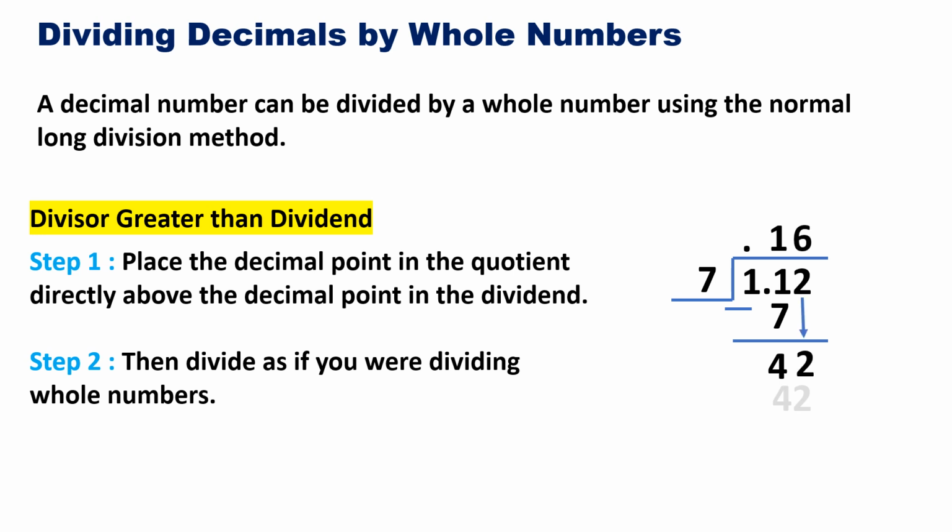Then 7 sixes are 42, so the remainder will be 0. So we do the normal division. Only we have to check where we have to put the decimal point. As the divisor is greater than the dividend, the decimal point will come first in the quotient.